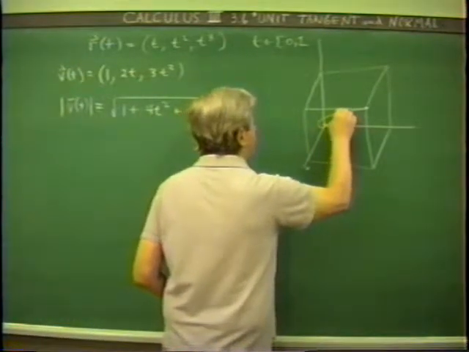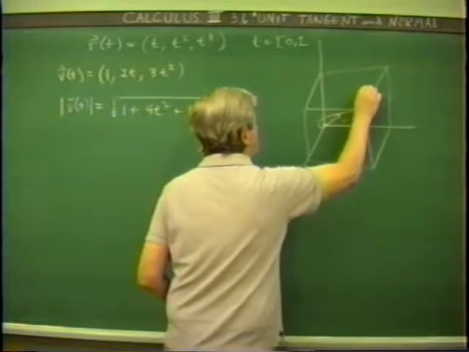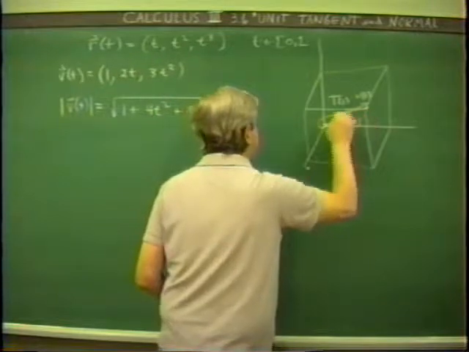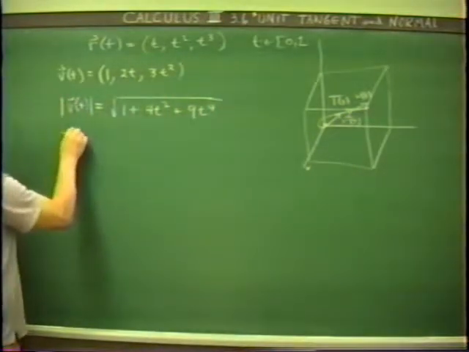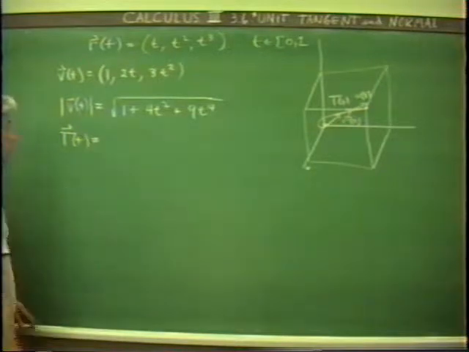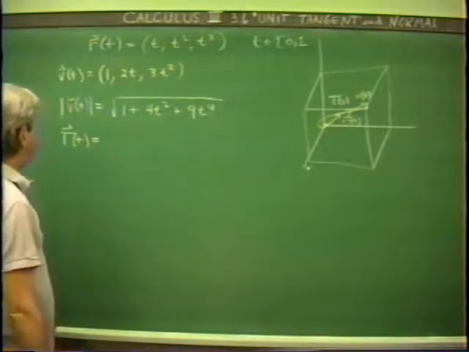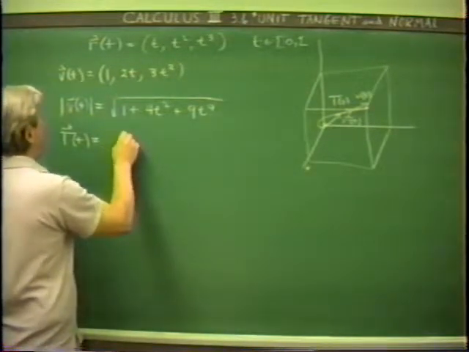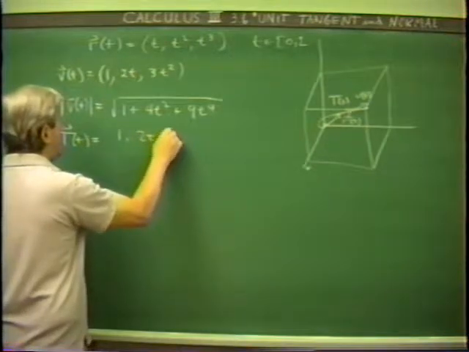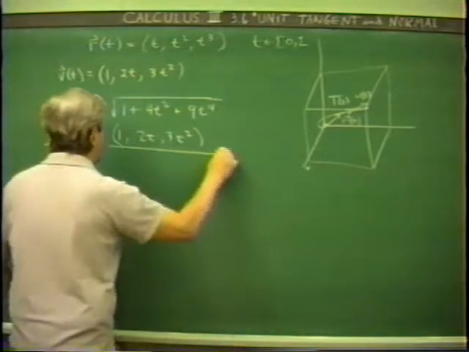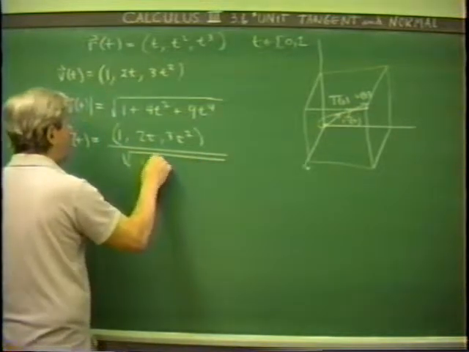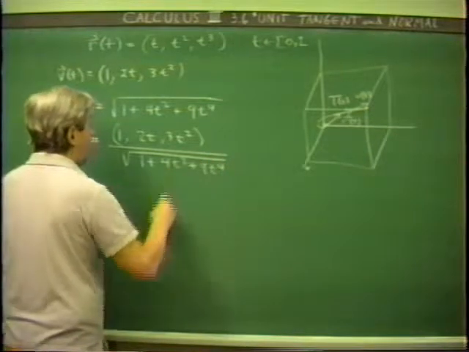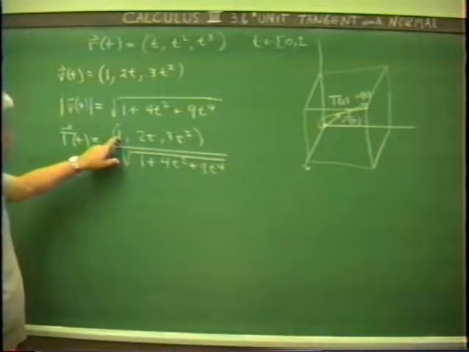So we now have our r(t). We've got v(t). And now we can get T(t) by taking v(t) over the magnitude of v(t). So T(t) is equal to, well, 1, 2t, 3t squared over the square root of 1 plus 4t squared plus 9t to the fourth.